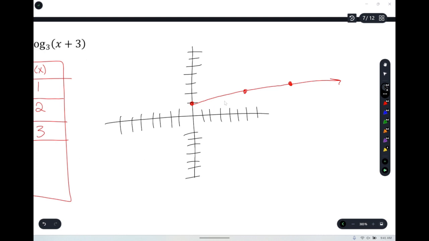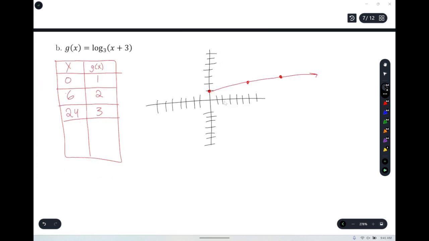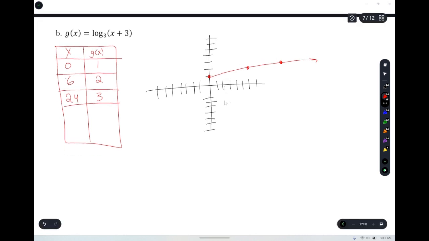It might help if we remember the graph of log. We need to know what the graph of log looked like, and we also probably want at least one point. Can we try -3? -3 plus 3 is 0.